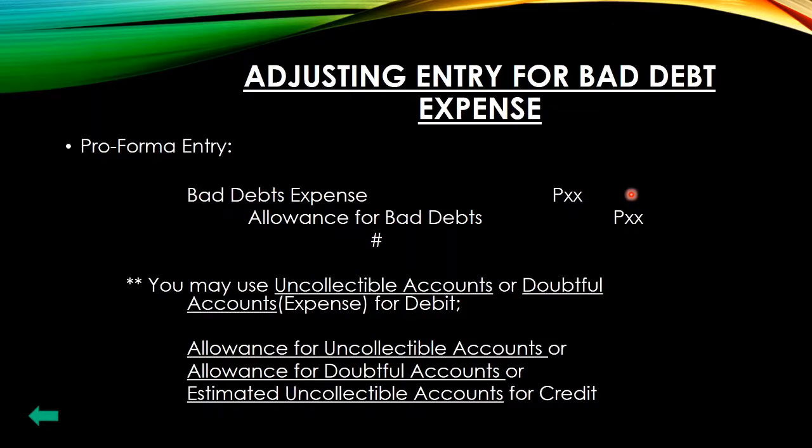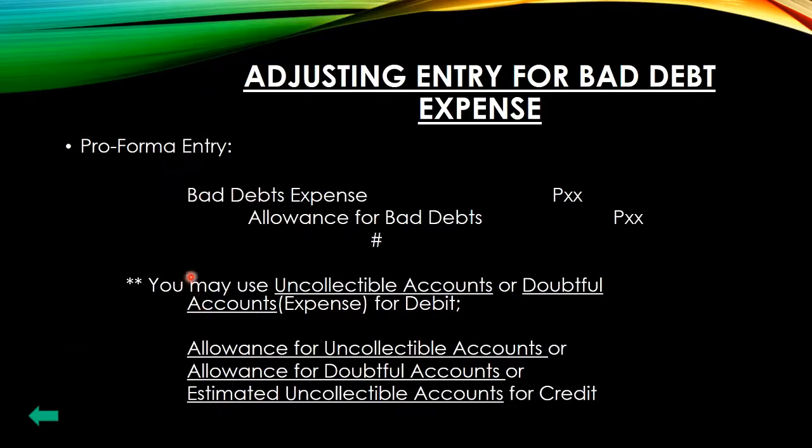So this is our pro forma entry. We debit an expense account that we call bad debts expense, but bad debts expense may also have another account title. Pwede siya uncollectible accounts or doubtful accounts.